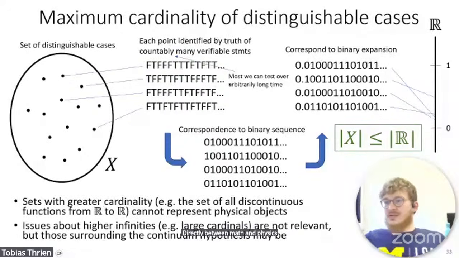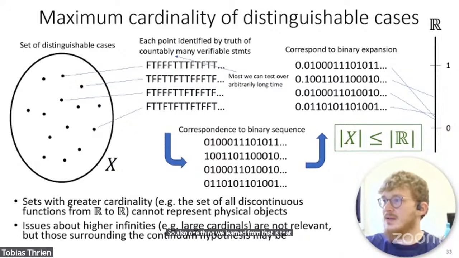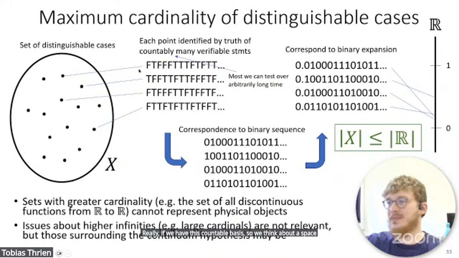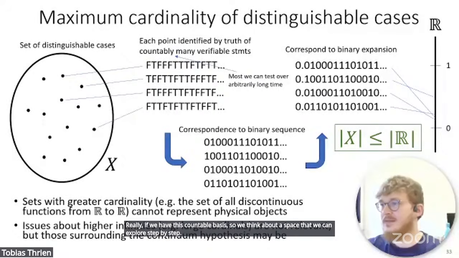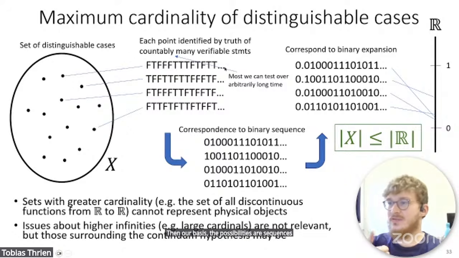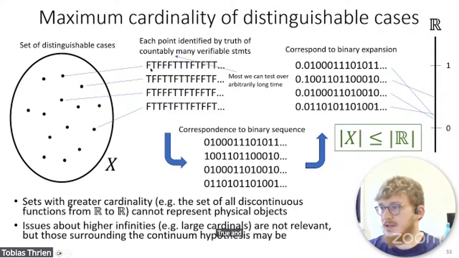So also one thing we learned from that is that if we have this countable basis, so we think about a space that we can explore step by step, then our basis, the possibilities, are sequences of true and false. Really sequences. There is no continuum, and you can just translate that true and false, basically 0 and 1.